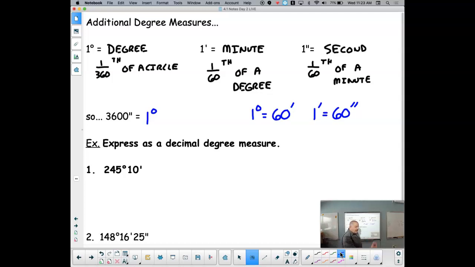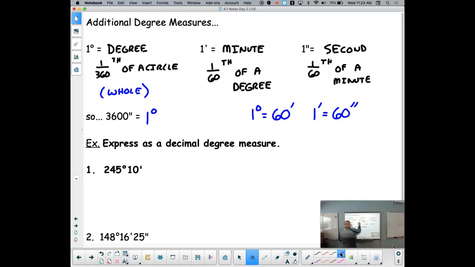Now, when we are writing out degrees, minutes, and seconds, or DMS as we like to call it, we leave the degree as a whole number, an integer, with the degree symbol.